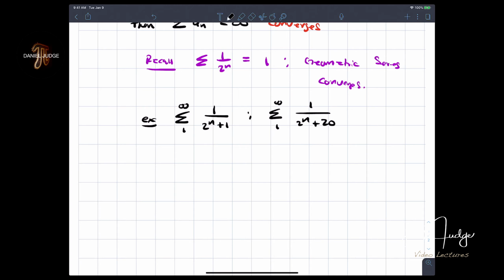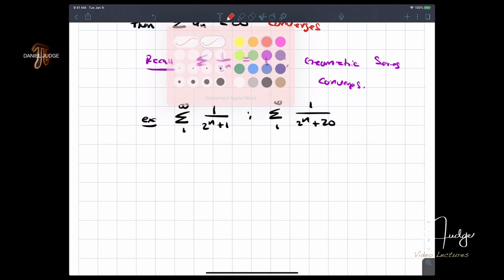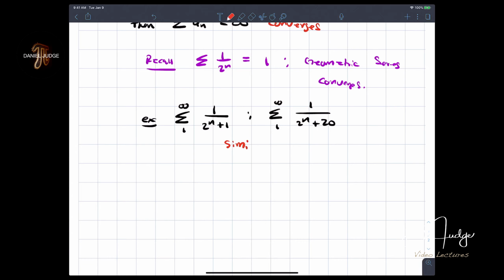What about convergence for a series that looks like this? A series that looks very similar. And that's actually going to be something that's going to be key for us as well in our future. You'll see what I'm talking about. This series here that we just gave you with this first example is very similar to the one you guys see here. They're very similar. And that's going to be a key thing.